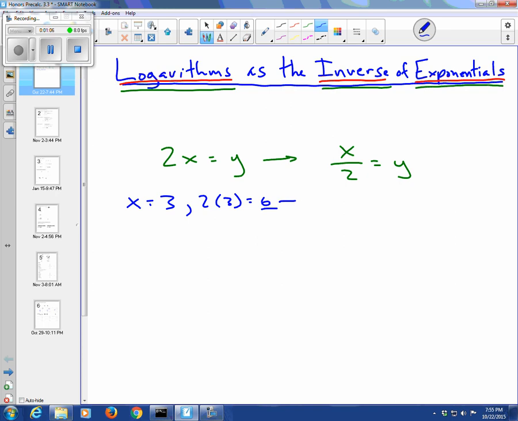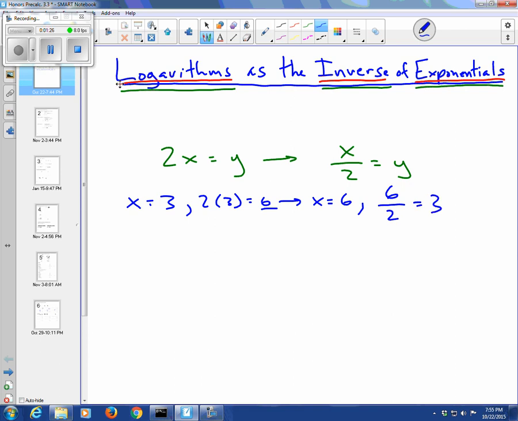And if we took that 6 as an input of the inverse function, what we would see is that our inverse would undo the multiplication that our initial function did and give us back our 3. So right here we would see 6 divided by 2 gives us 3.